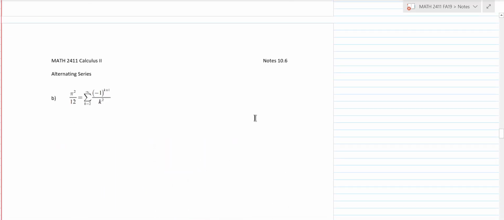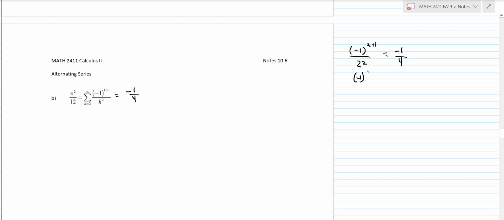A good way to start the problem is just writing out the terms of the series. I'll do a little scratch work at the side. We start at k equals 2. So we have negative 1 to the 2 plus 1 over 2 to the second. That'll be negative 1 over 4. So that's your first term in your series. Usually after you count out a few of these, you start seeing the pattern.